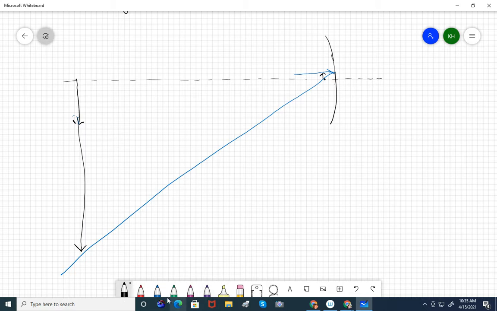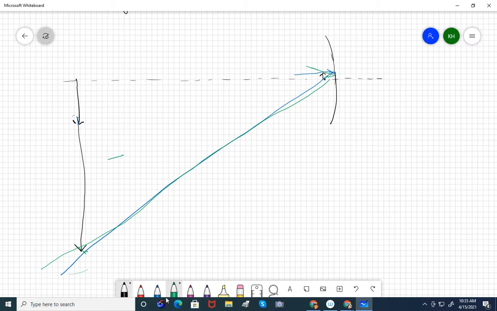If we draw another ray, same thing, it's going to come in, it's going to hit, it's going to reflect, and it's going to do the same thing. It's going to form an image way down here. I cannot draw it perfectly, so I'm not even going to try. Okay.